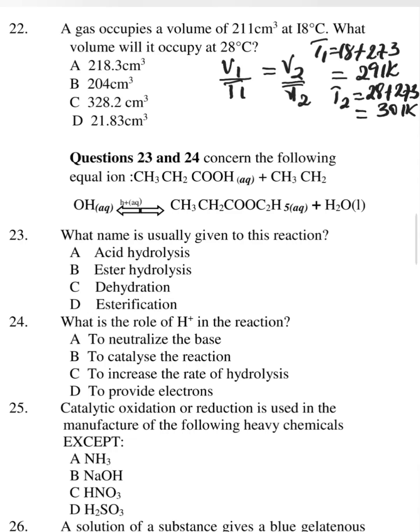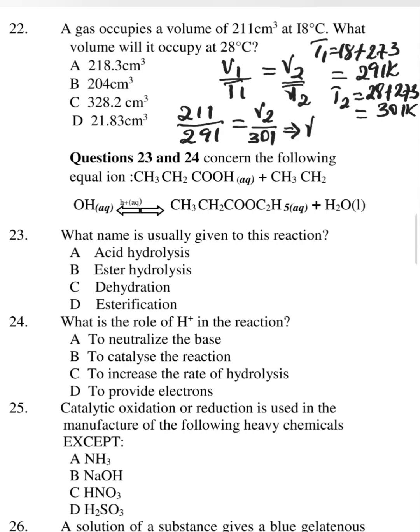We have V1 as 211. So 211 all over T1, which is 291, should be equal to V2, what we are looking for, divided by T2, which is 301.